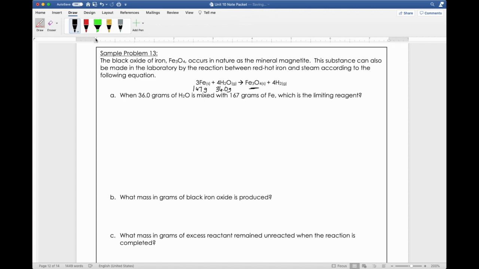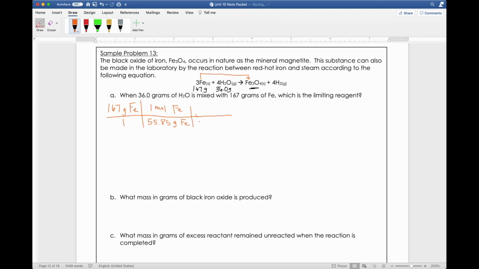Already balanced, that's great. Let's go ahead and start color coding. So let's convert iron to iron oxide first. Say, all right, I have 167 grams of iron. How much of that black iron oxide can I produce from that? So 167 grams of iron, 55.85 grams of iron is equivalent to 1 mole of iron.